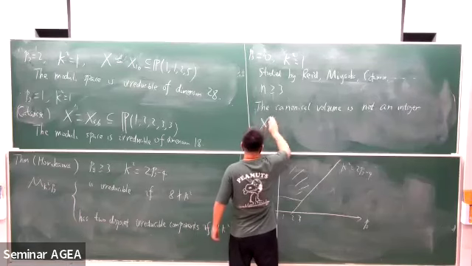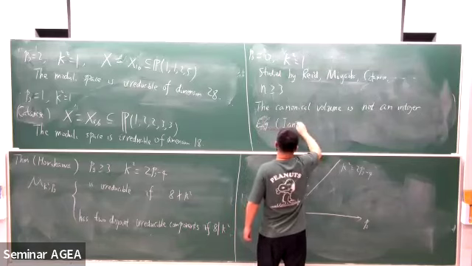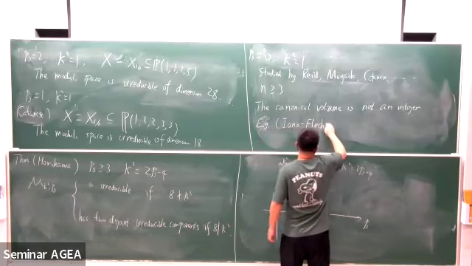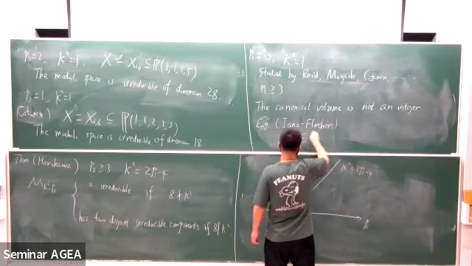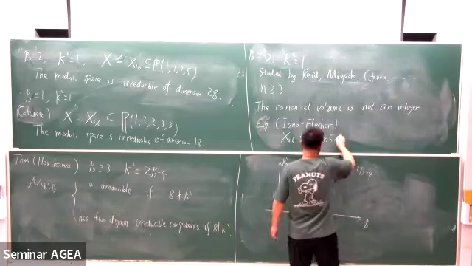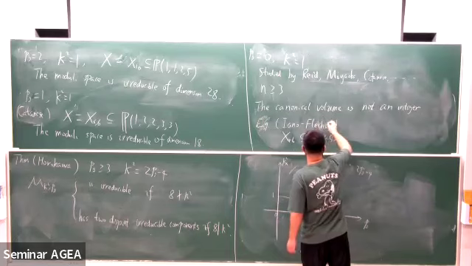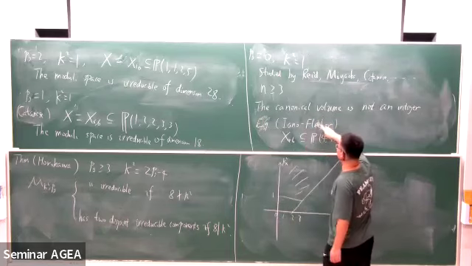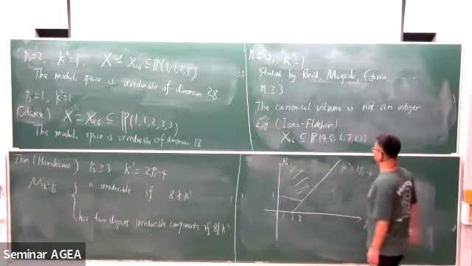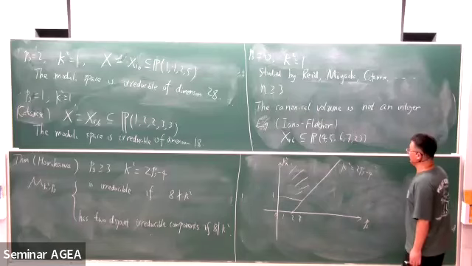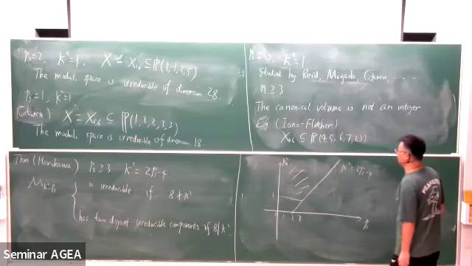You can consider the following example constructed by Fletcher. This is a hypersurface of degree 26 in a weighted projective space.